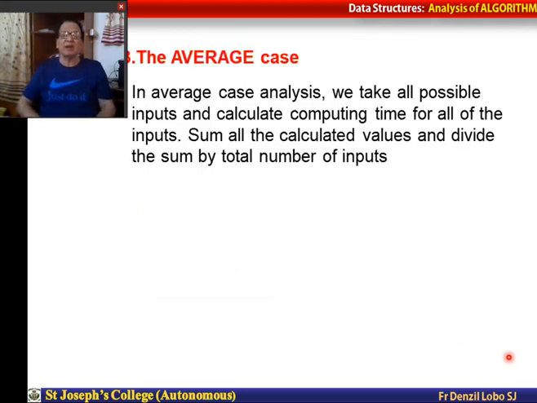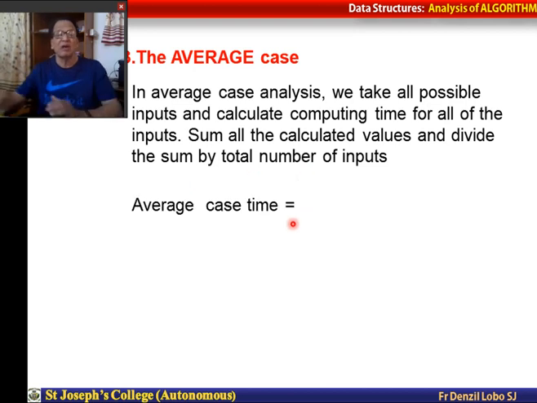Let us try to find what is the average time. I do not know where it is. So let us check the average time. The average case would be taking the computing time for each of these moves. So calculate the computing time for all the inputs, sum all the calculated values, and divide the sum by the total number of inputs.